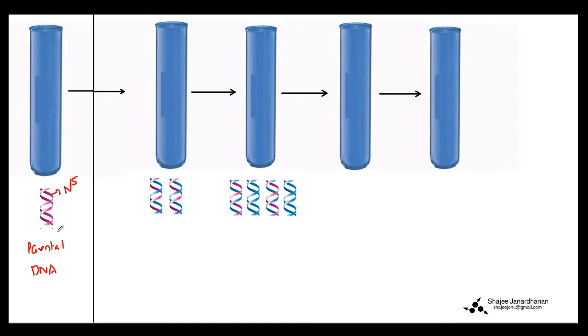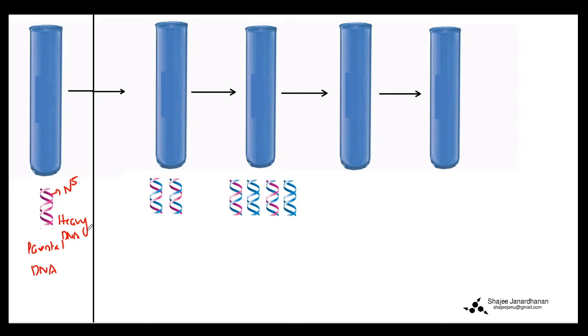So you can see a single parental duplex that is in the stock culture, and they all incorporated N15 into their nitrogenous bases. So the duplex that you get in the parental DNA is simply called a heavy DNA, simply because all the bases in this duplex will incorporate N15.